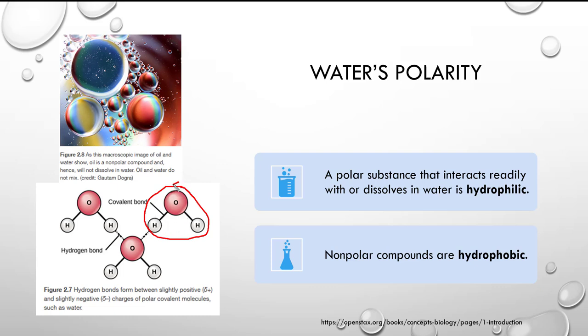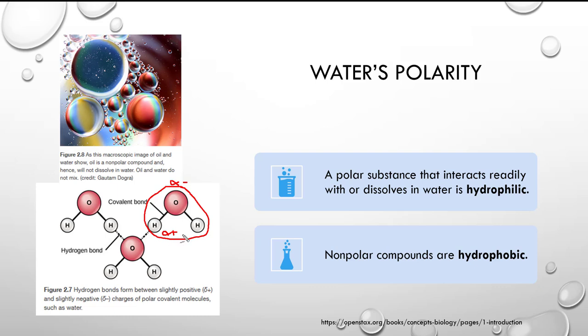And so that makes it slightly more negative on this side of the water molecule and slightly more positive on this side. Because of that unequal sharing of electrons, you get this polar covalent bond, and we end up with this slightly positive end.